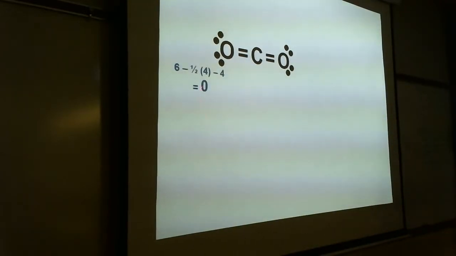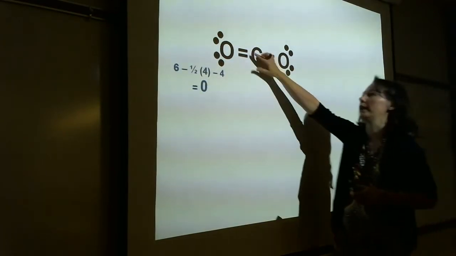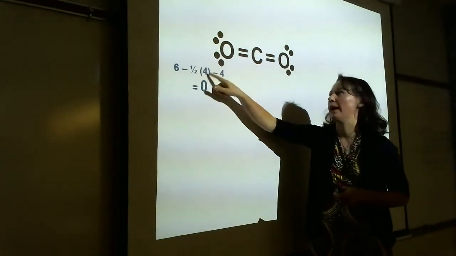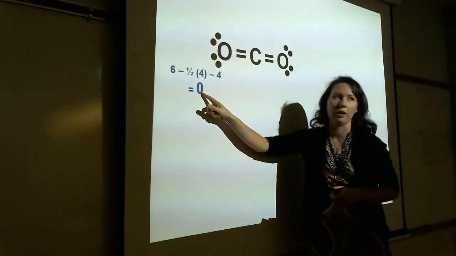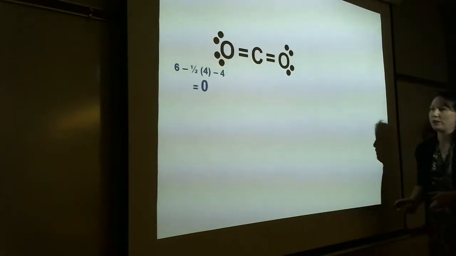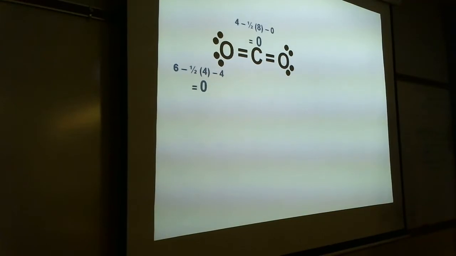So, formal charge is 6, because it's oxygen, minus 1/2 of 4, which is 2, minus 4. So this one's 0, which means this one's 0 too. Now we're left to deal with carbon in the middle.